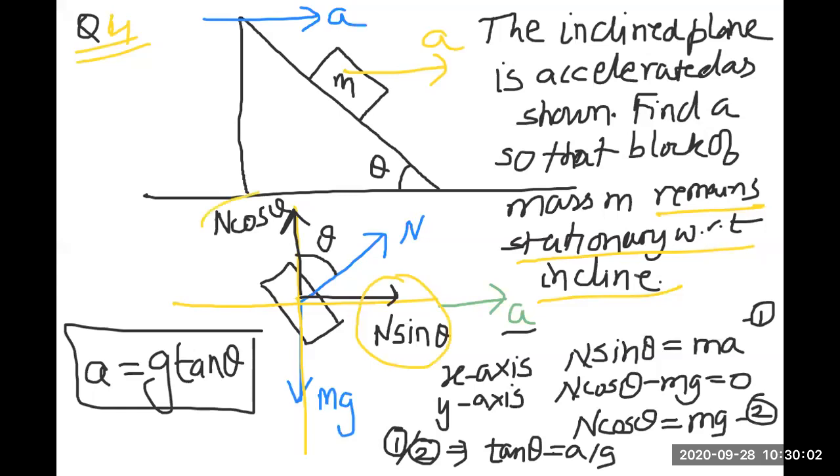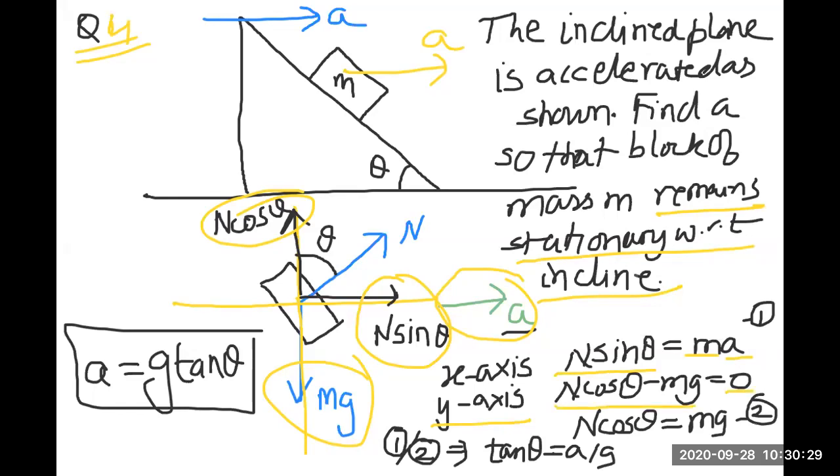Along the y-axis there are two forces, N cos theta and mg. But the acceleration of the block is along the x-axis and its value is a, same as the acceleration of the incline. So along the x-axis the force must be equal to mass into acceleration. Along the y-axis there is no acceleration, therefore the net force along the y-axis should be equal to 0.